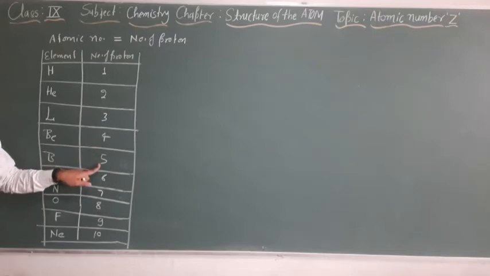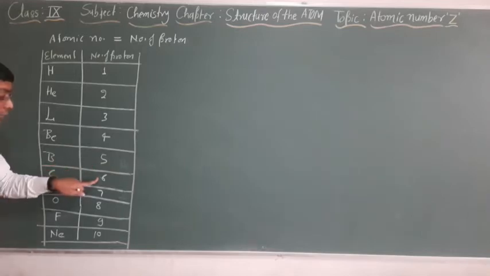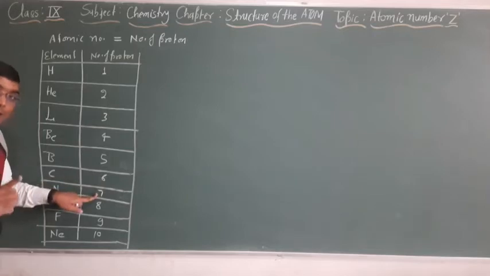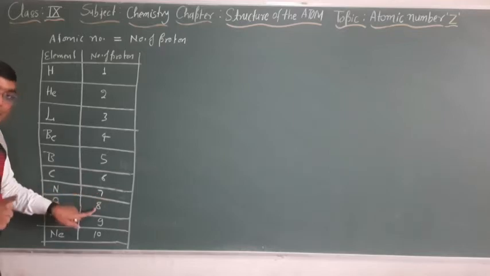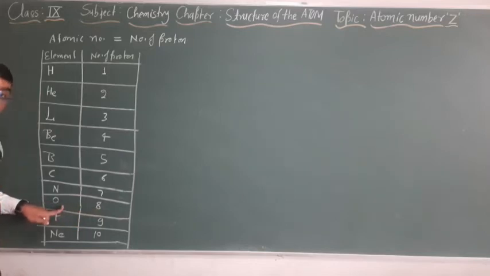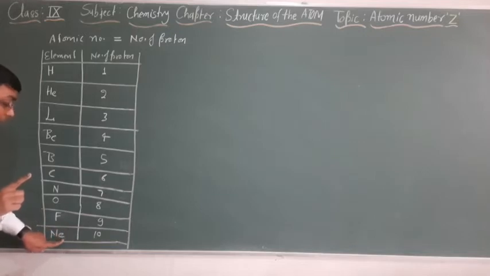All those atoms with four protons have similar properties. Atoms with 5 protons have similar properties, and we call them boron. Atoms with 6 protons, we call them carbon. Atoms with 7 protons, we call them nitrogen. Atoms with 8 protons, we call them oxygen. Atoms with 9 protons, we call them fluorine, and all have the same property. Atoms with 10 protons have the same properties, and we call them neon.